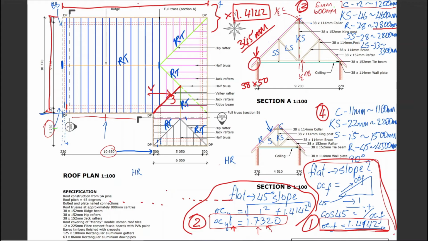Maybe this is 12 spaces, so it's 12/7 of this RT. Maybe this value needs to be divided by the components again, in a roundabout way, to calculate that ridge tile length.